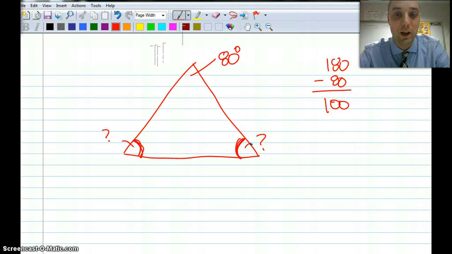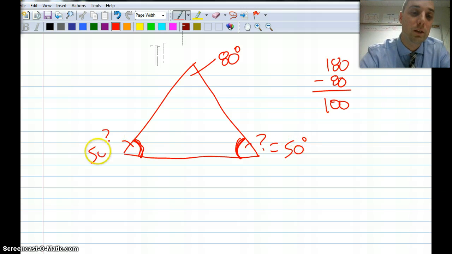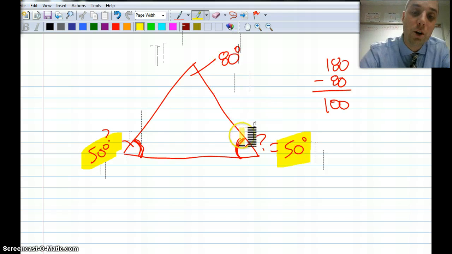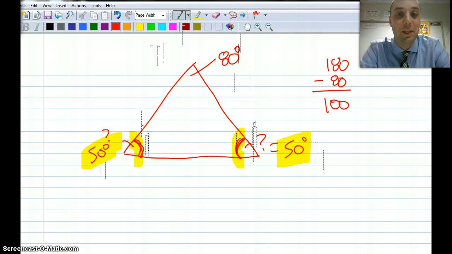Split 100 in half, and these are each going to be 50 degrees. So the two missing are 50 and 50, and you're going to know it because you'll see those little arcs in there, since they are congruent angles. If you're just given one angle, it's impossible unless the two are equivalent angles in an isosceles triangle. So heads up on those.